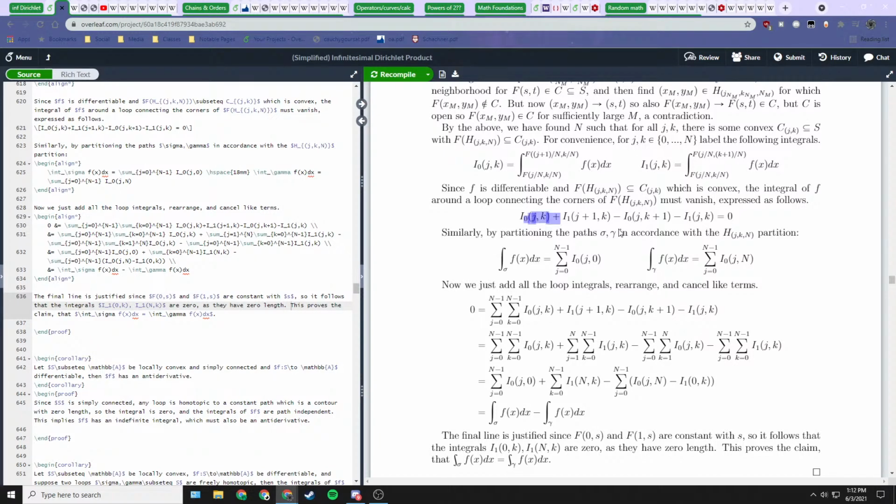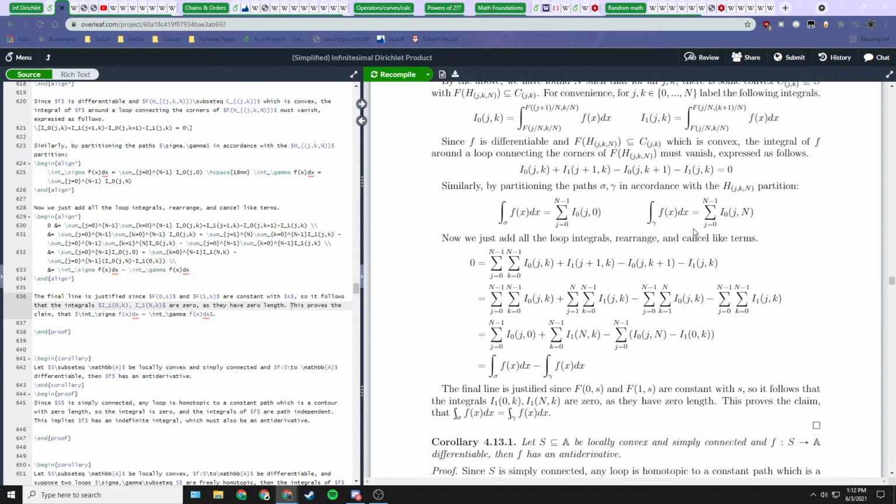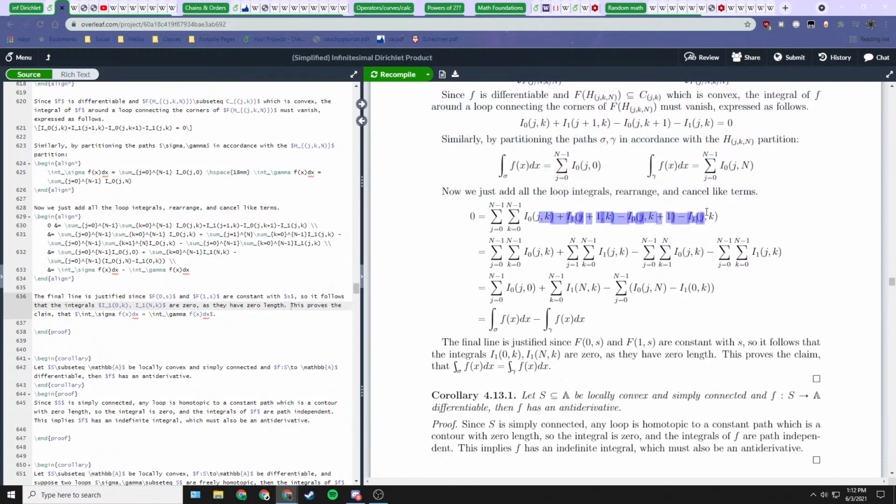We note that if we do this integral around one of these blocks, it's 0. And if we do this integral on just the top edge, which is where the second portion is 0, or just this bottom edge where the second portion is n, this will be sigma or gamma respectively. We add up all these loop integrals, which are all 0, rearrange the terms. We get down to here.